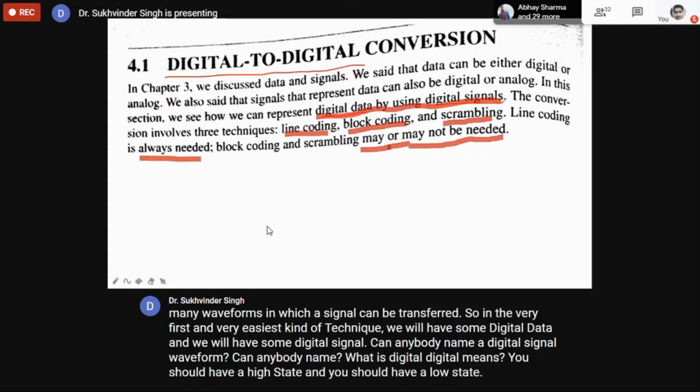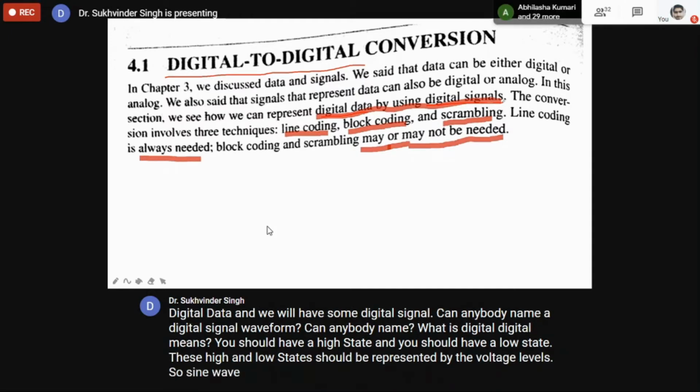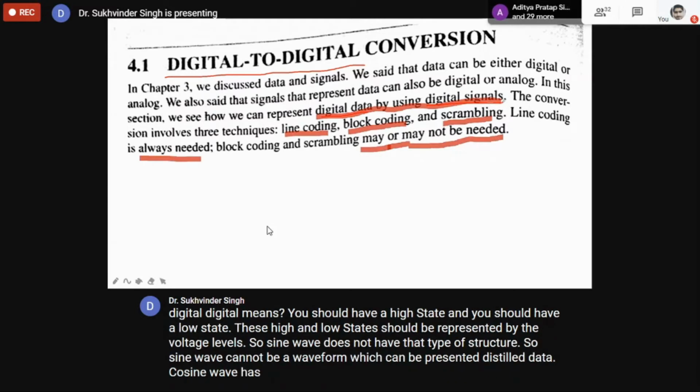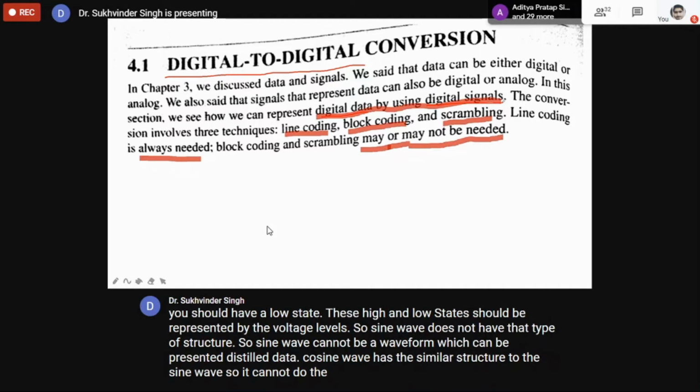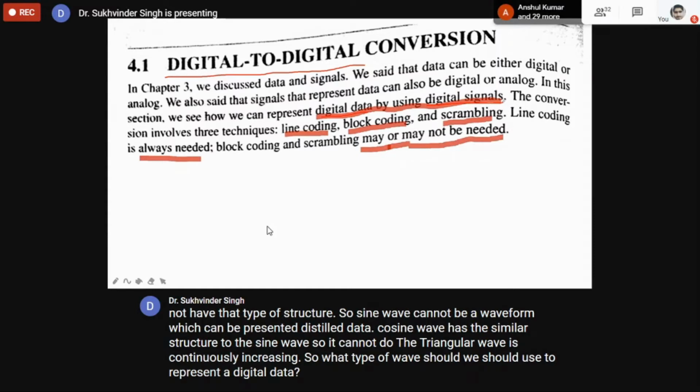These high and low states should be represented by the voltage levels. So sine wave does not have that type of structure. So sine wave cannot be a waveform which can represent a digital data. Cosine wave has the similar structure to the sine wave, so it cannot do. The triangular wave is continuously increasing. So what type of wave should we use to represent a digital data? A common sense, can you? Yes?